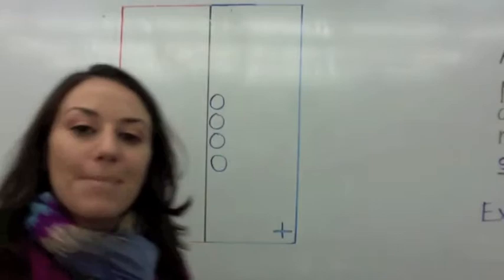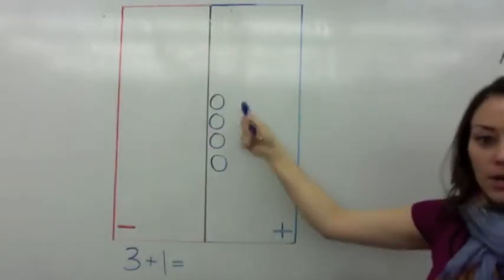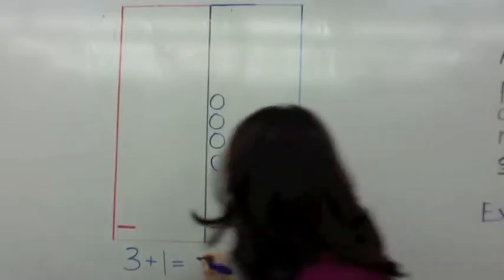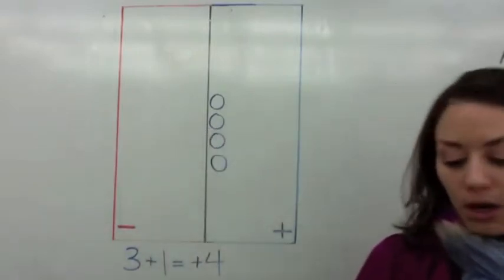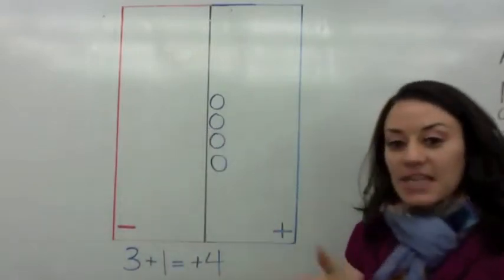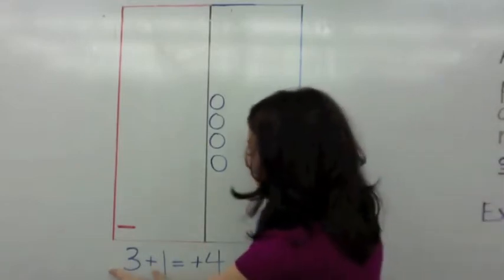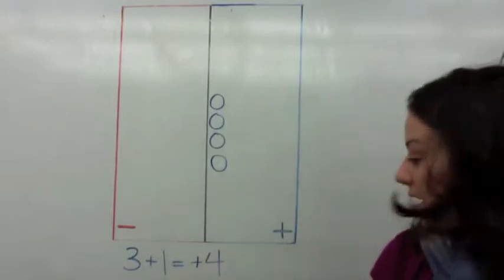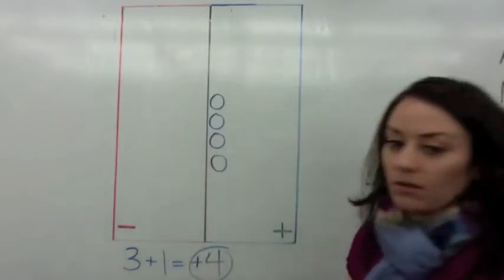How many circles do I have? I have 1, 2, 3, 4. And what sign would they be? They would be positive. So we know that 3 plus 1 is 4 because they have the same signs, add and keep, right? Positive 3 and positive 1, add it, makes a positive 4. You kept the positive. Go ahead and circle your answer. Get that down.